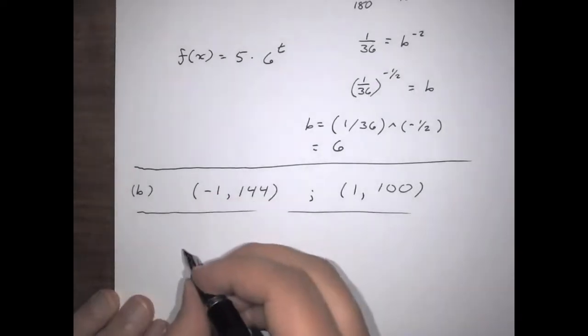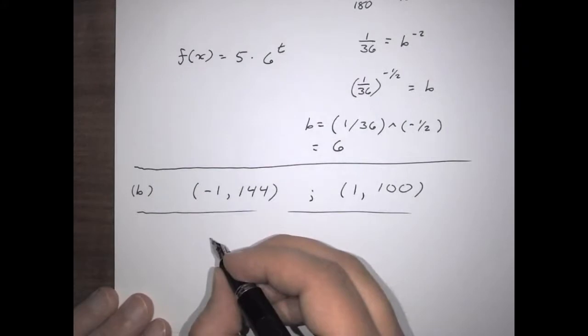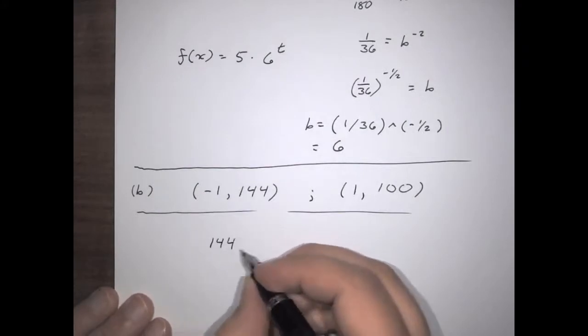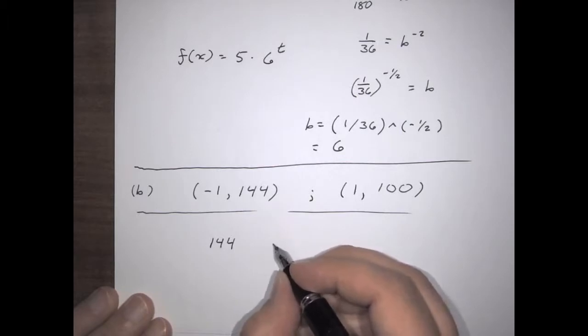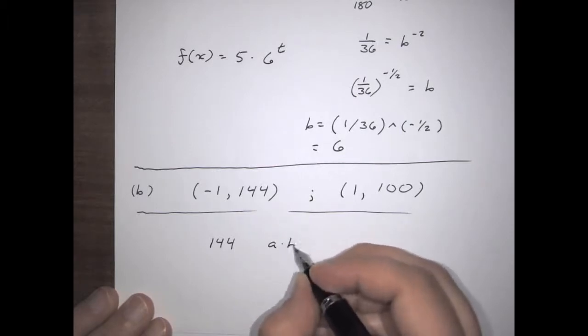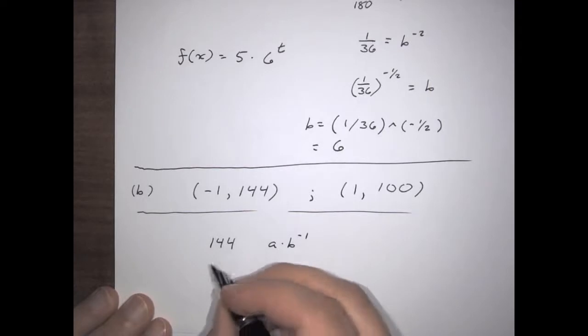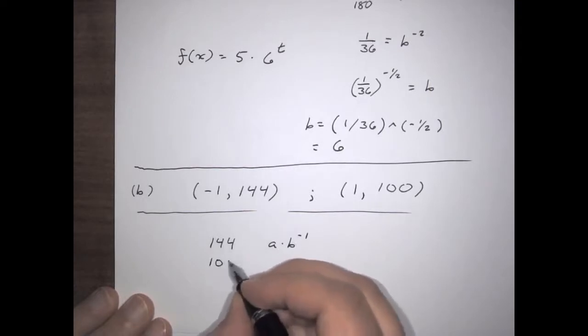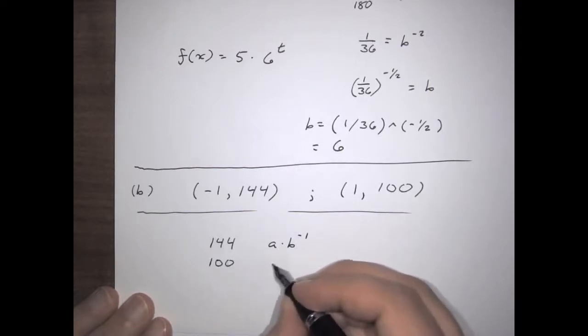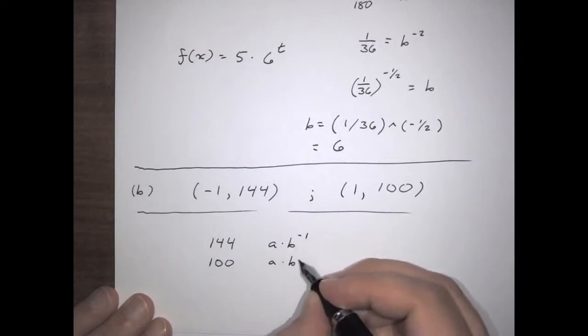Well, we do have the x's and y's, so let's just go ahead and use those. So 144 equals a times b to the -1. 100 equals a times b to the 1.